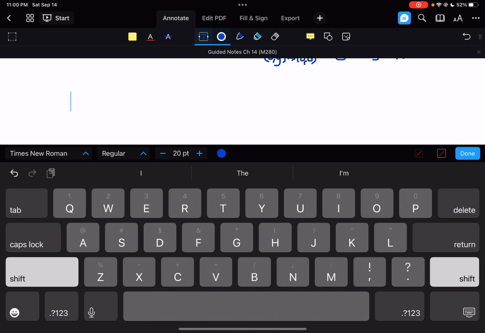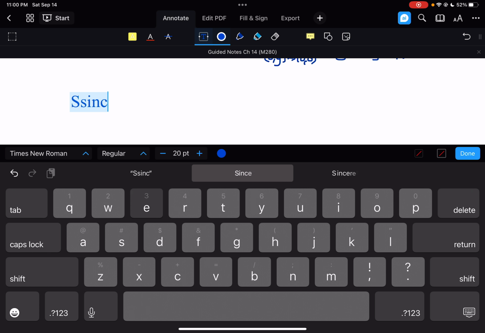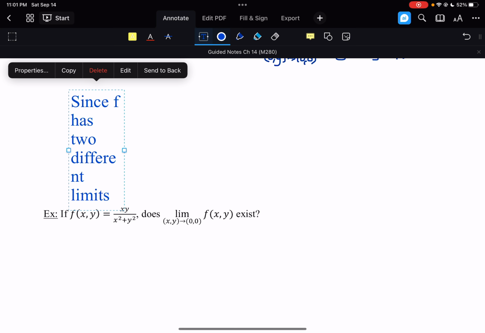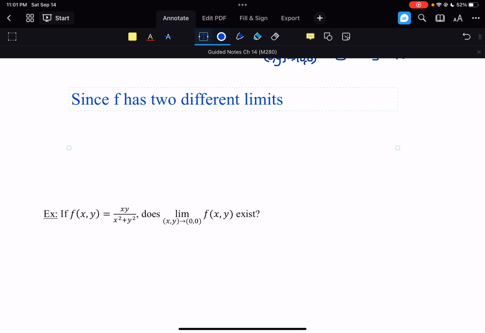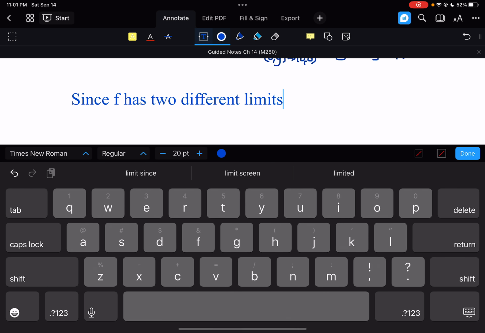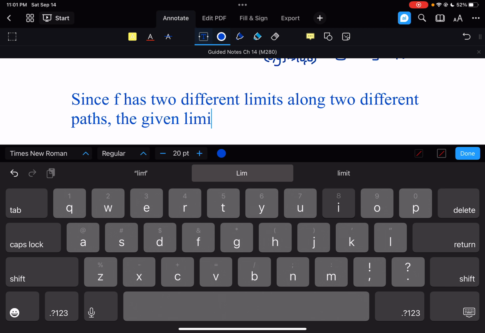So what this tells us is, since f has two different limits along two different paths, the given limit does not exist.